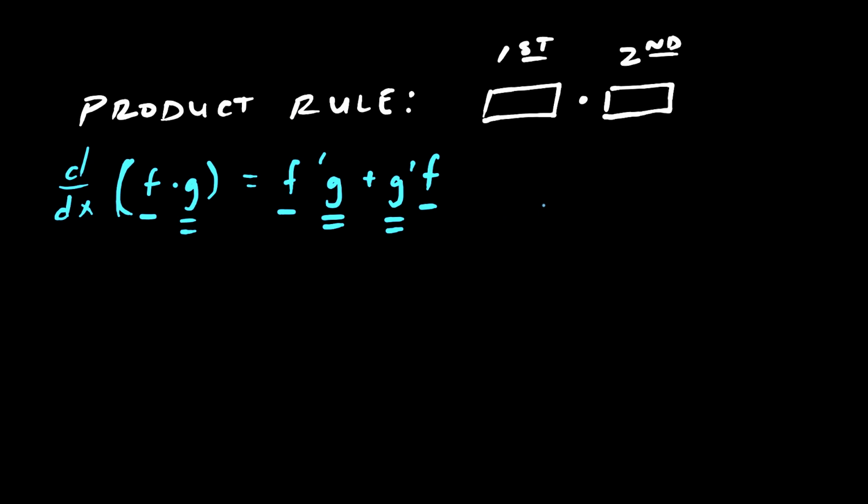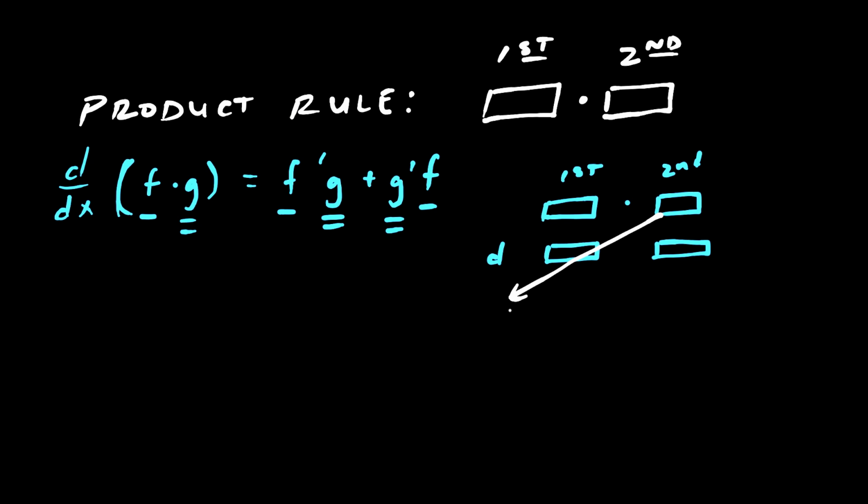Now, there is another little hack I like to look at. I'll write those two functions down, so we'll have our first one, and then we'll have our second one. And then underneath that, I'll write down the derivative, so the derivative of the first one and the derivative of the second one. And what I tell people to do is just go ahead and multiply across like that. So you will have the derivative of the first times the second.